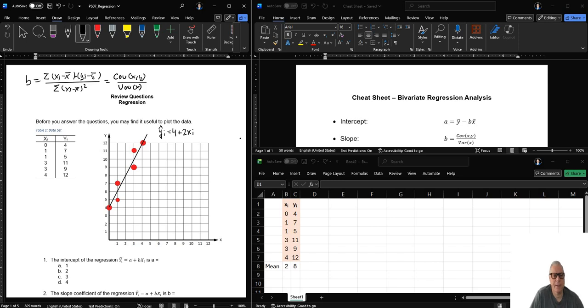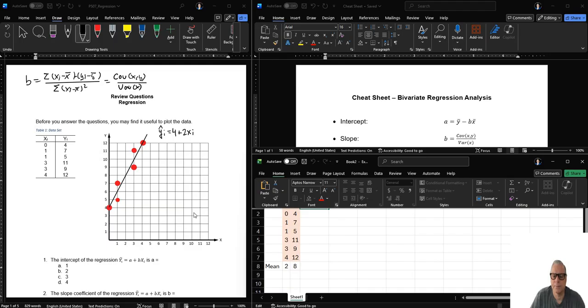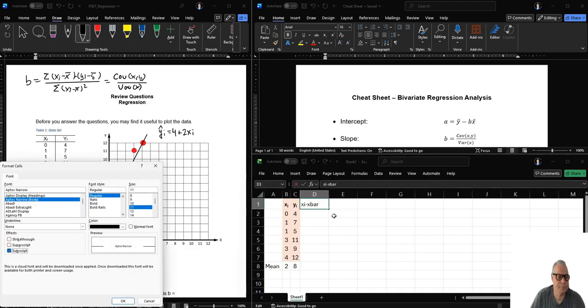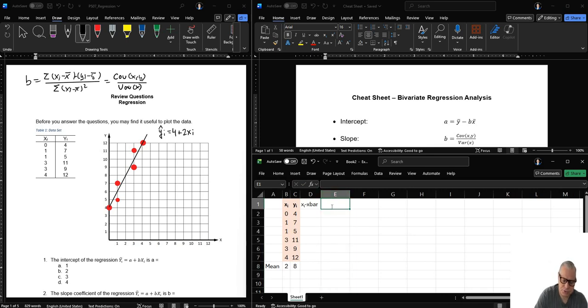What we need now is to create new columns. Let me copy this one: x_i minus x bar, and let's subscript again the i, and also y_i minus y bar.